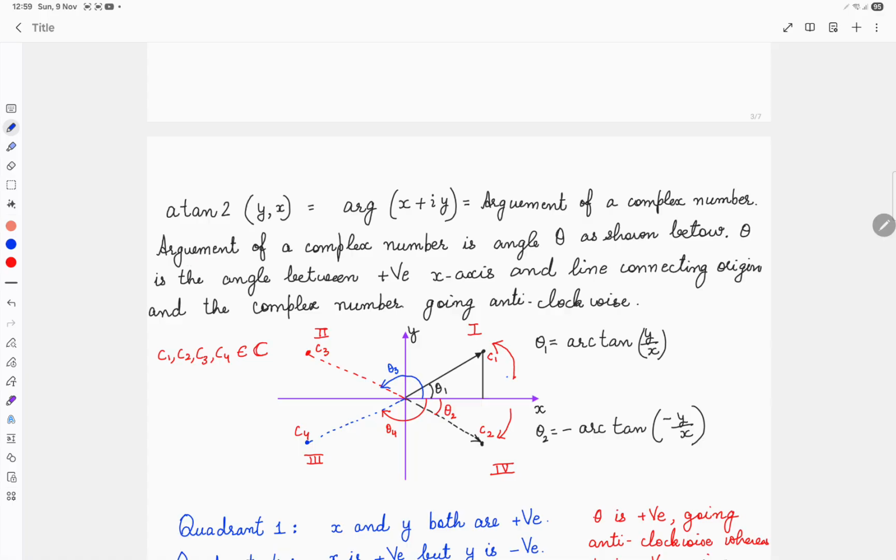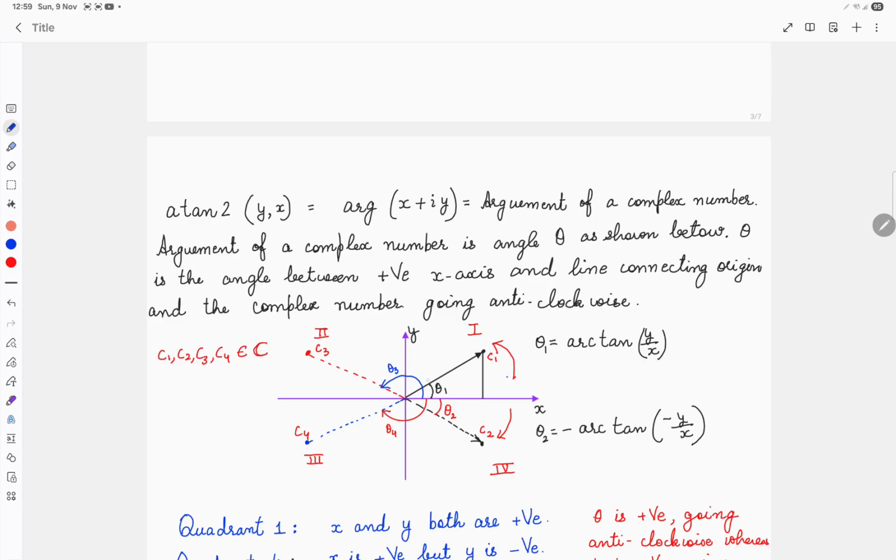Now the argument of a complex number is the angle theta as shown below. So let us start from angle theta 1. This is the argument of the complex number, and this is how we will get theta 1. This theta 1 is the angle between the positive x-axis and the line connecting the origin and the complex number.